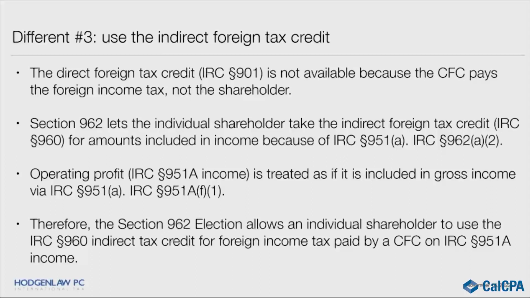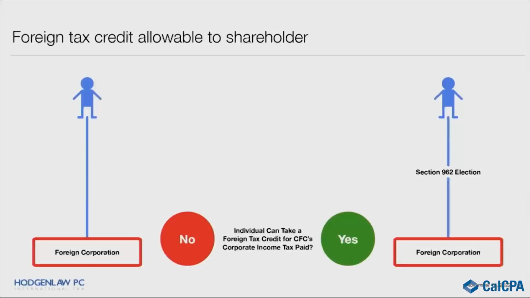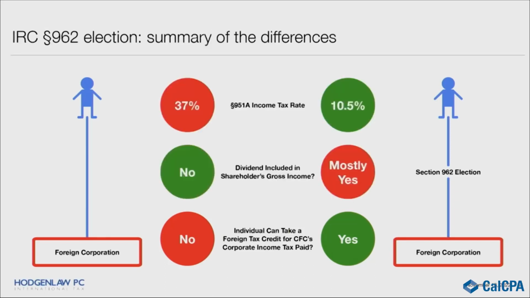So let's see how that rolls out. Anyway, so here's the third one. Green light for the section 962 election because we get a foreign tax credit where we didn't under the other way. And here's how it all stacks up. It's a 2-to-1 game, and let's see how the math works.